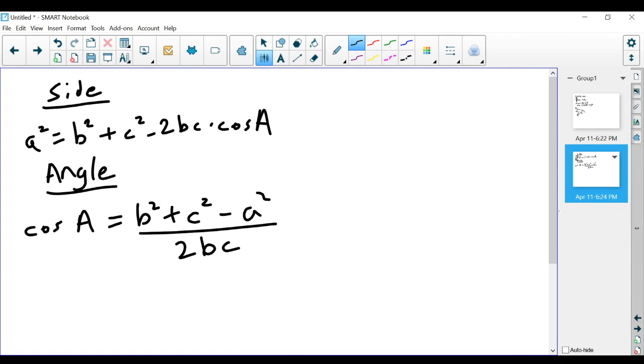So that's the general format of both the side and the angle forms of the cosine law.